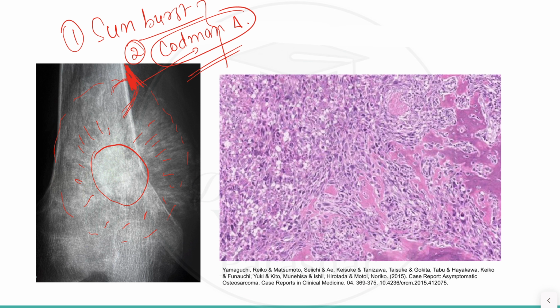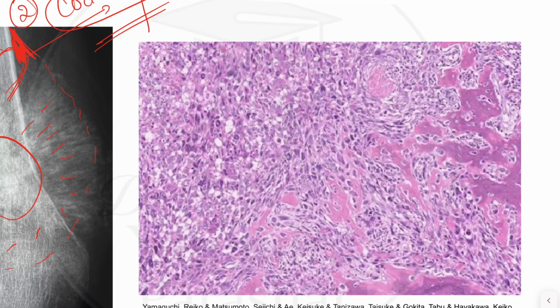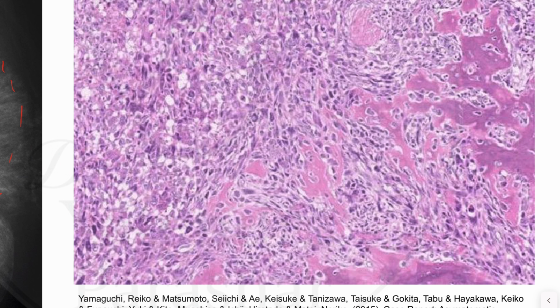Further investigation includes the core biopsy from the tumor mass, and it showed the presence of malignant cells. These cells have a high NC ratio, you can see the dark nucleus with high NC ratio, and they are infiltrating the normal bone, destroying the normal bone, and also producing new irregularly formed osteoid bony material without any calcification.